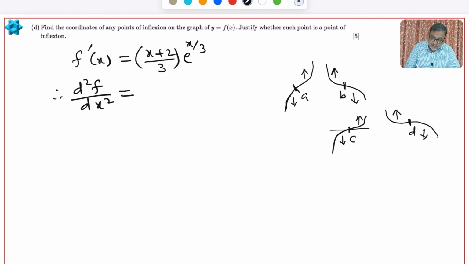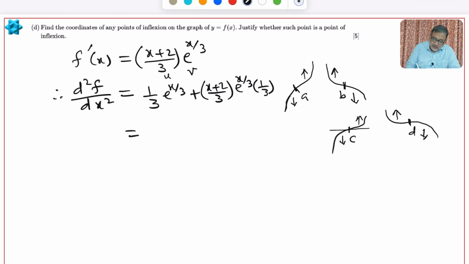Now this derivative will be u into v, so we have to use the product rule here. By product rule, u dash is 1 by 3 e raised to x by 3, plus (x plus 2) by 3 as it is, into e raised to x by 3, and the derivative of the power is 1 by 3.